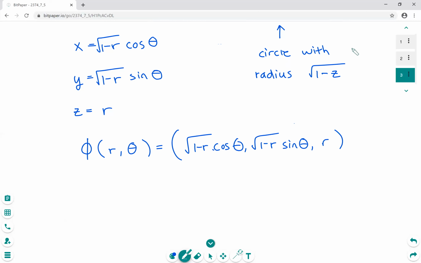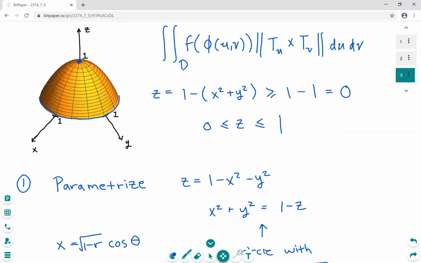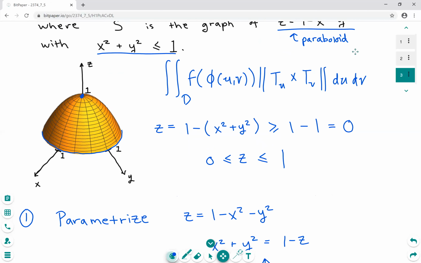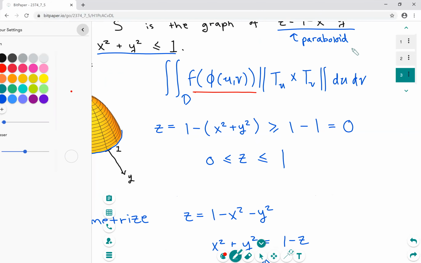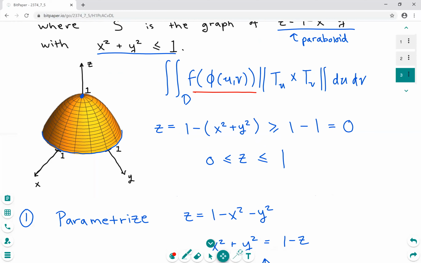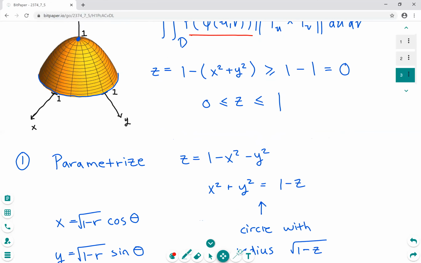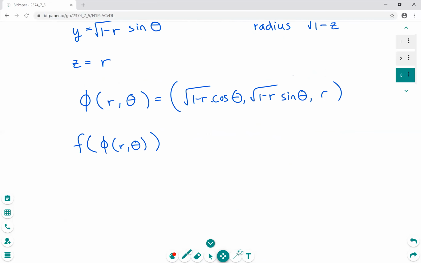So then f of phi of r theta, all right, we need this for the equation, right? We need this f of phi of u v. Now here, u and v we've replaced with r and theta, but nothing wrong with that.